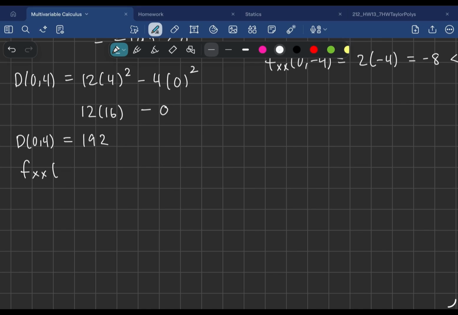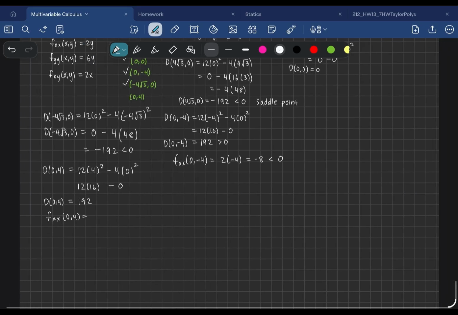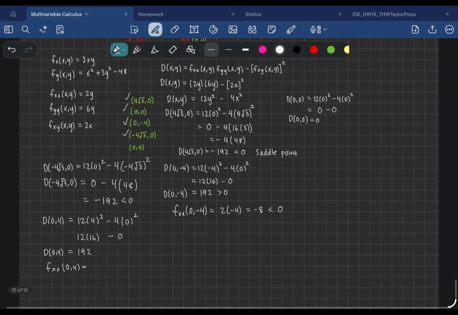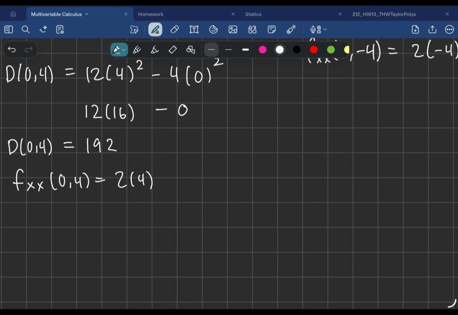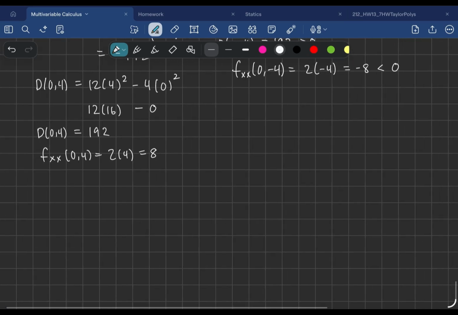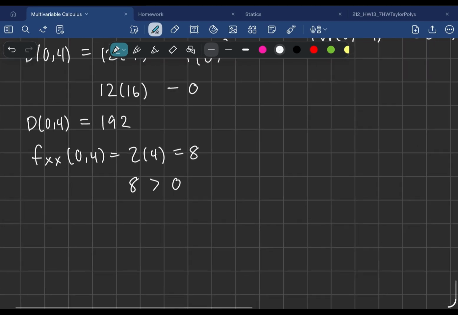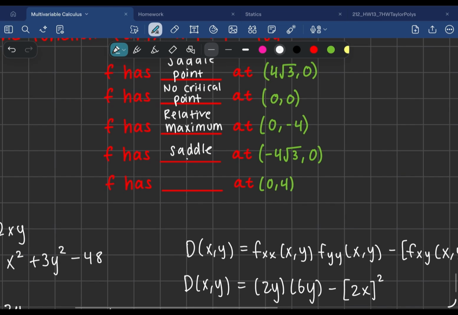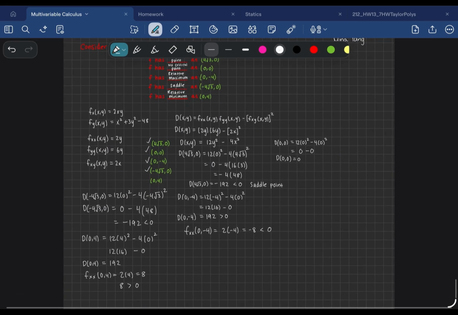Also at 0, 4, our f sub xx is right here. So I'm going to do 2 times 4, it's 8. Now since 8 is greater than 0, this is going to be concave up, meaning that this value is at a relative minimum at 0, 4. So here we can just write relative minimum. Okay, cool.